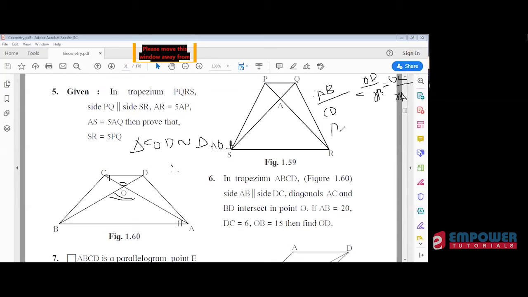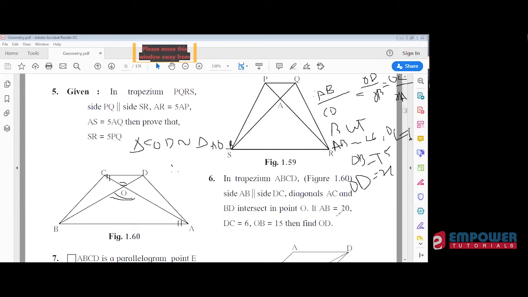But then you have to write down AB is 20, this is given, DC is 6, this is given, and OB is 15. Therefore, let OD be X.